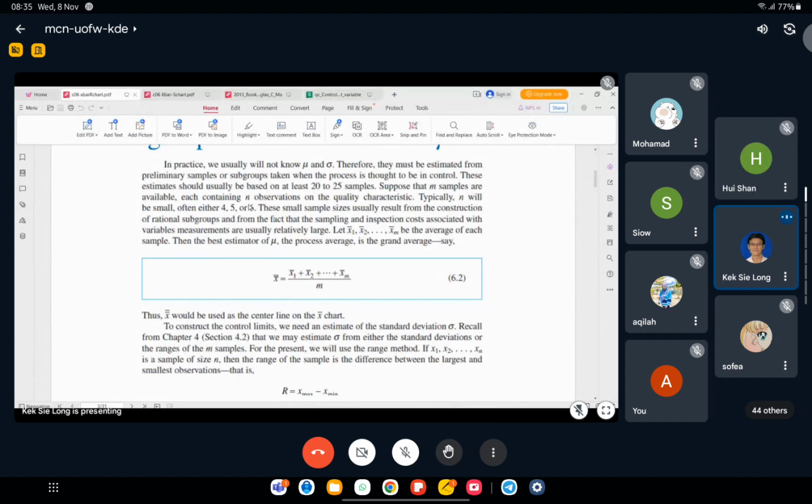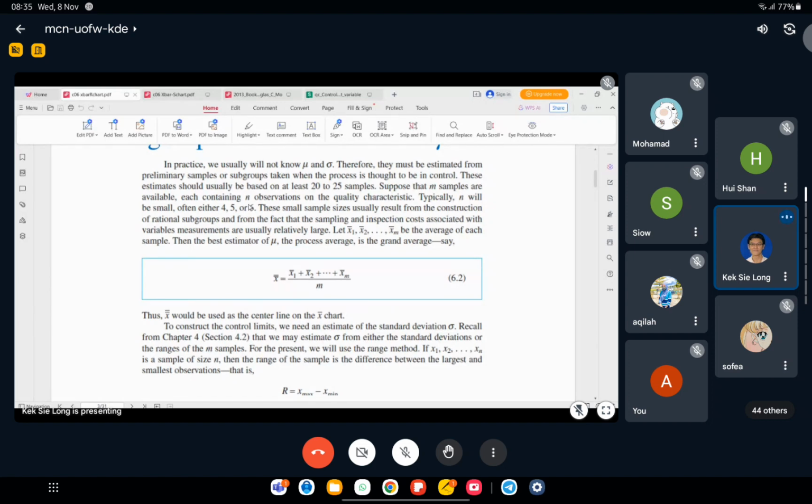So here in the slide, it mentioned that this sample point is at least 20. It can be more than 20, and maximum we will consider 25. Okay, this is the input we use. Of course, you may ask, can I take more than 25?